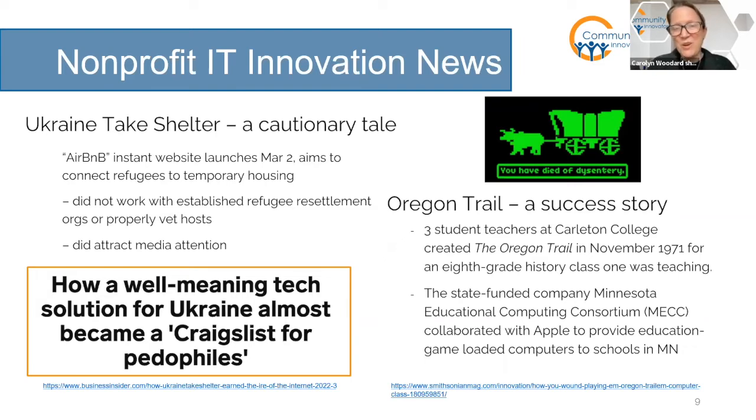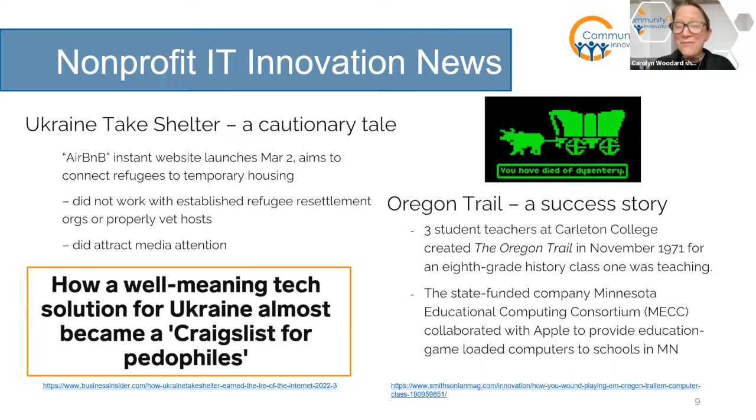So there was an entrepreneur who wanted to create an Airbnb style instant website that would connect refugees from Ukraine with temporary housing. But he didn't work with established refugee resettlement organizations or properly vet the hosts. And that was a really big red flag for those families who knows what kind of host families they were.